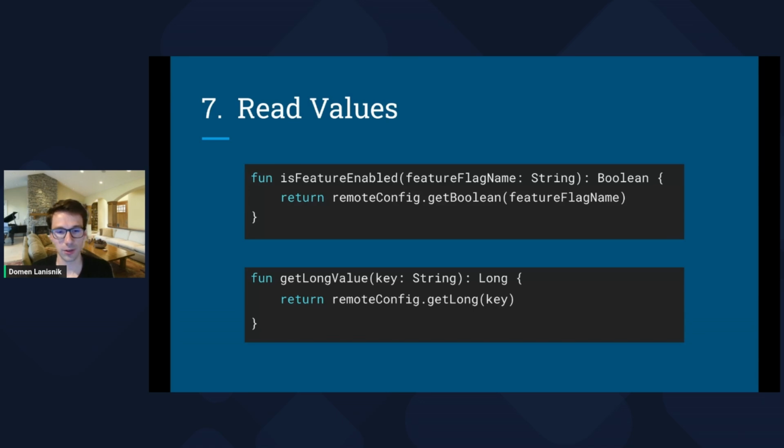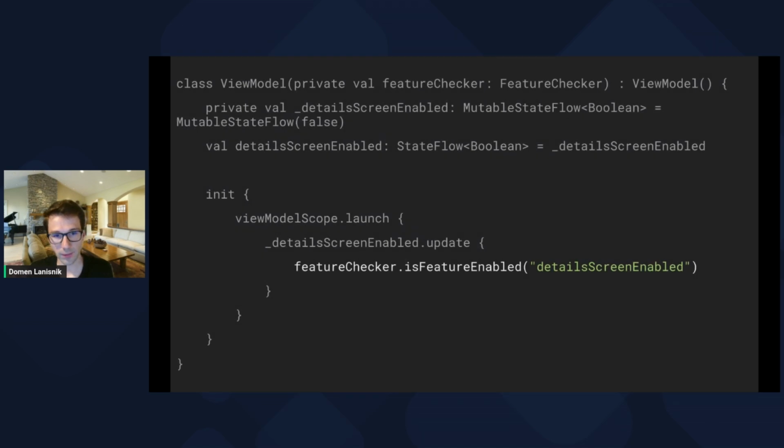And then there are also other functions that provide different types. So this is how you would fetch a long value. And once you have these functions, you can use them in your app.